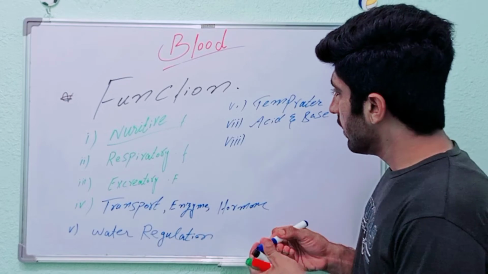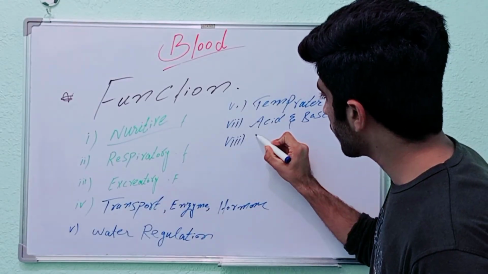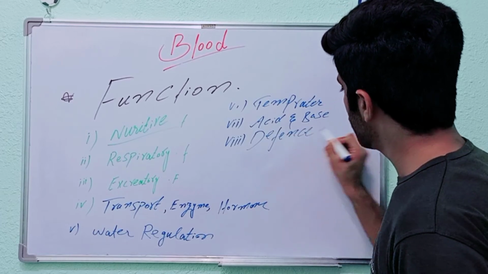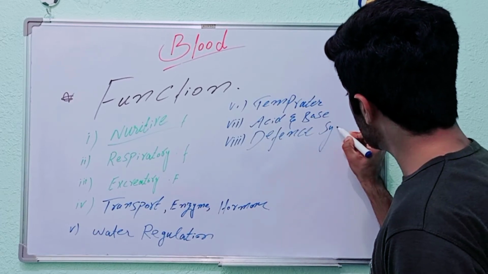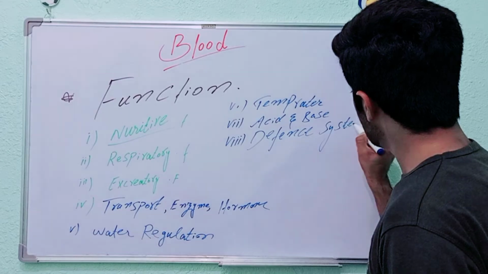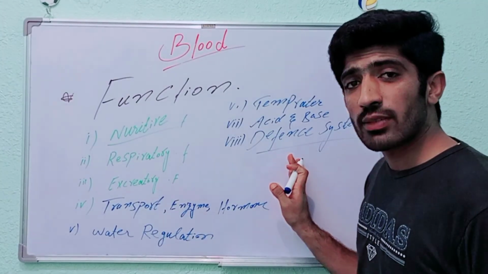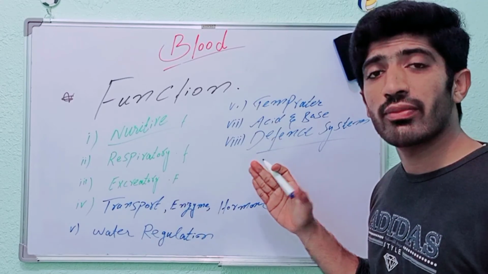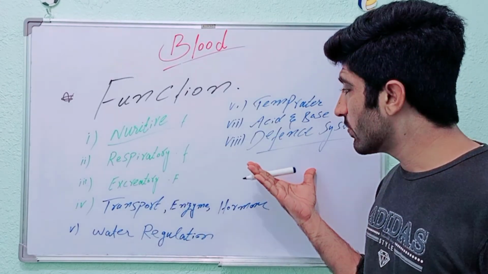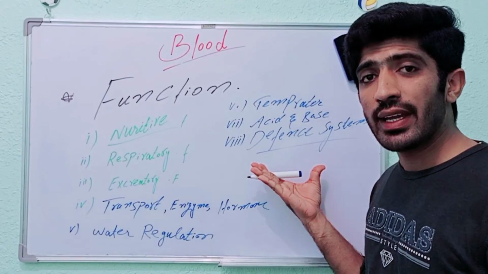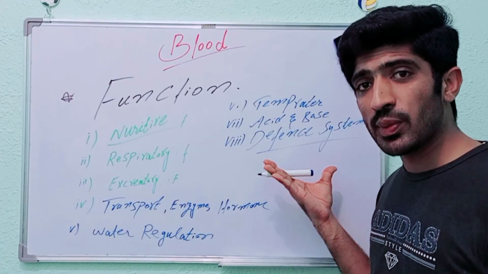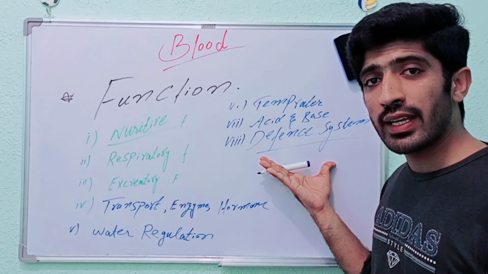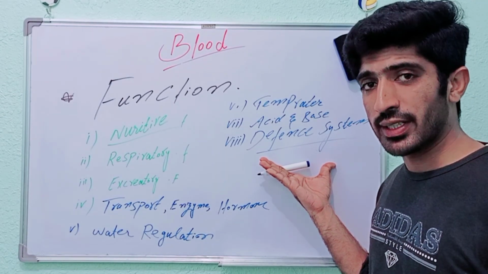And defense system. Blood also helps because white blood cells are present in blood. These white blood cells are helpful in the immune system of the human body.